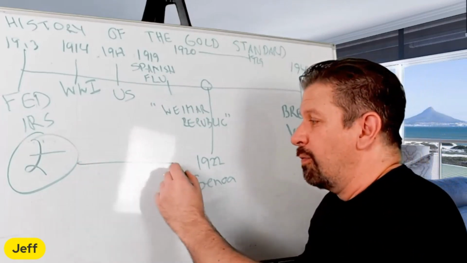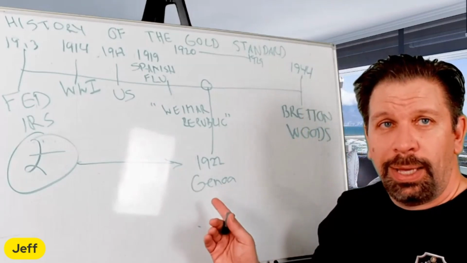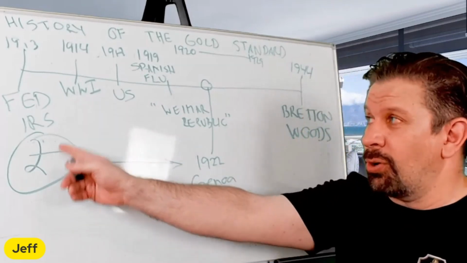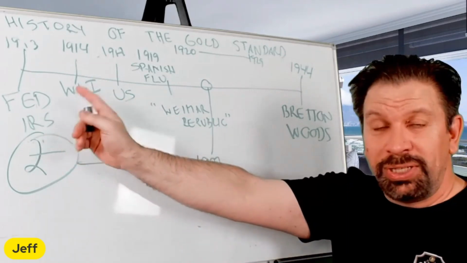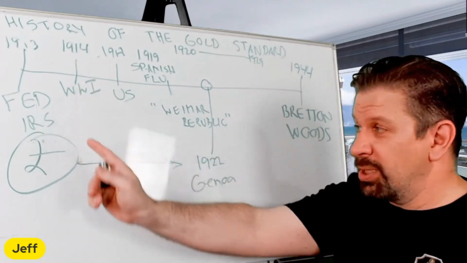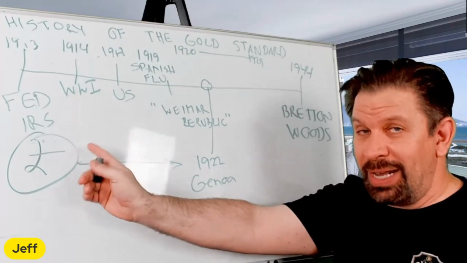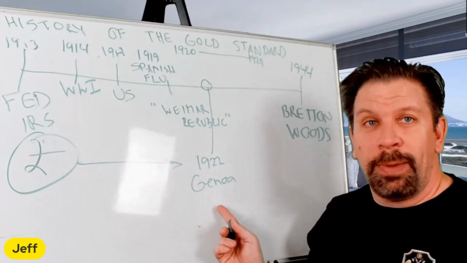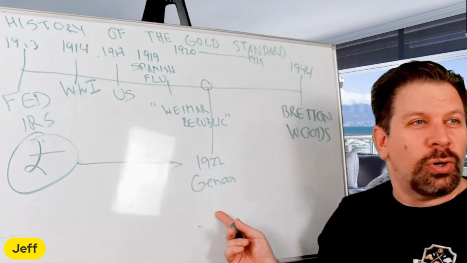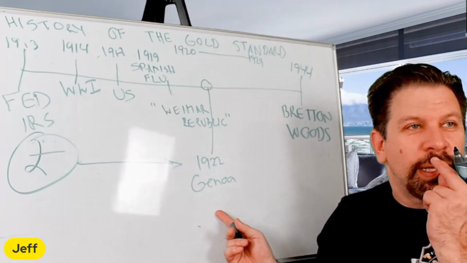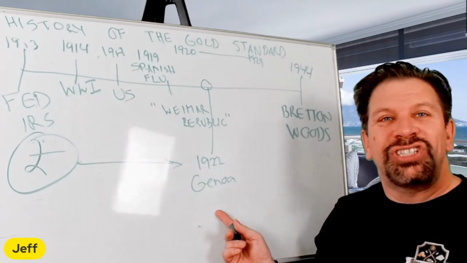But as we head over here to Genoa, the pound's gone off the gold standard because of World War I, and the dollar was just born. But the U.S. is doing great. England and Europe, not so much. So in 1922, they made a conference in Genoa, and what they called it, I'm trying to remember, was the gold exchange standard.